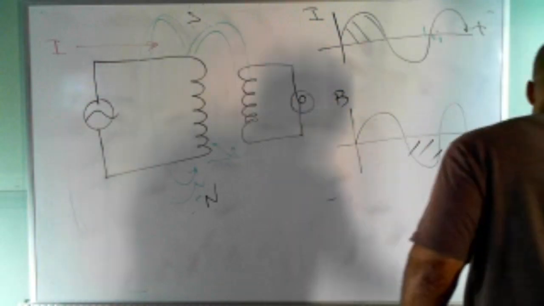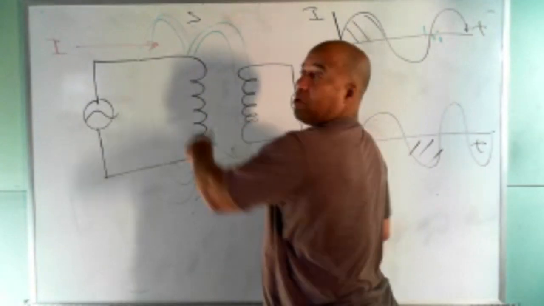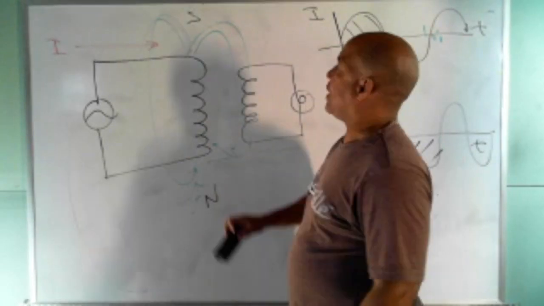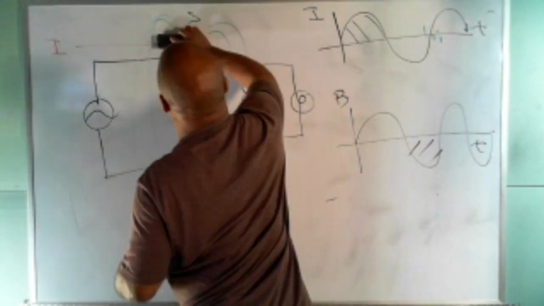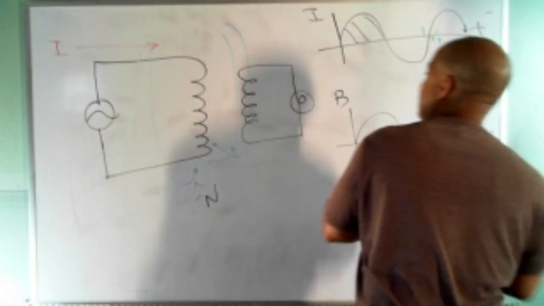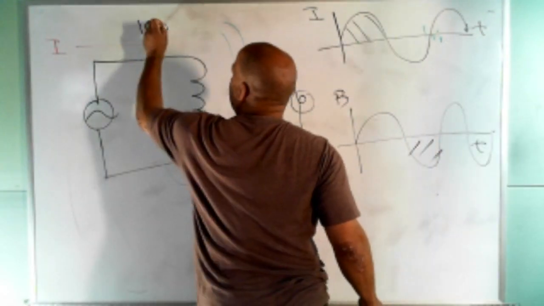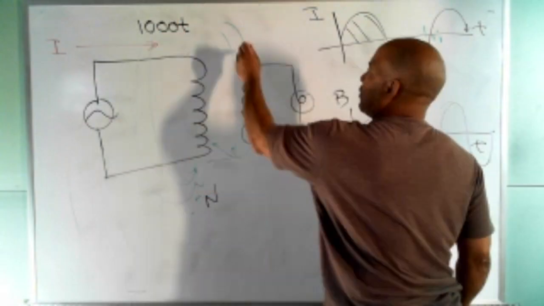Consider this. What if I told you I had 100 turns of wire over here? No, let's say 1,000. On this side I got 1,000 turns of wire, and over here I have 1,000 turns.